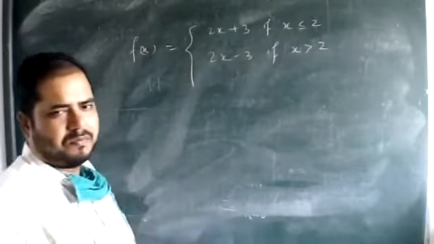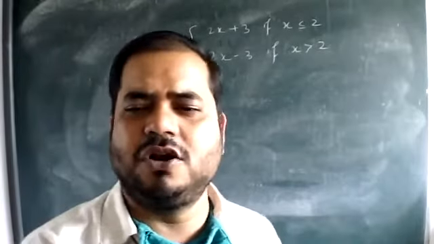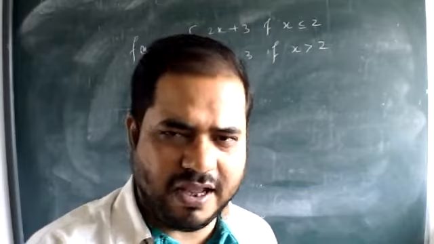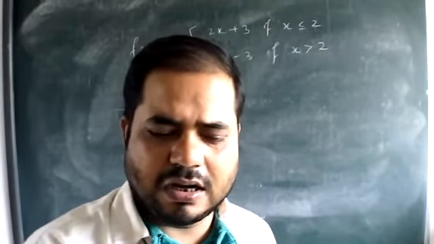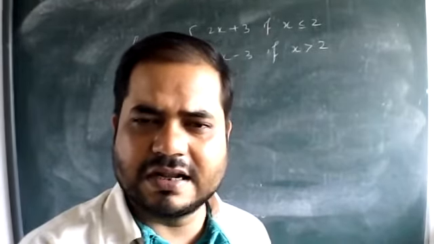Okay. If a function is not continuous at x equal to a, then it is said to be discontinuous at x equal to a. Understood? If a function is not continuous, then it is known as a discontinuous function.